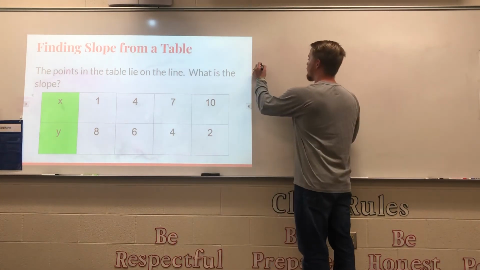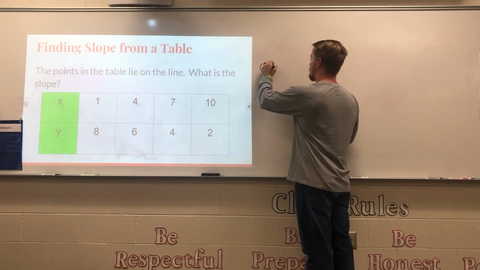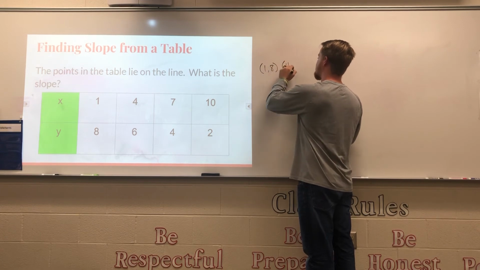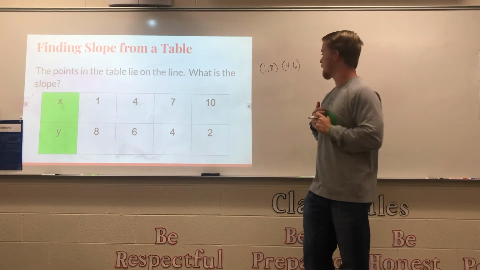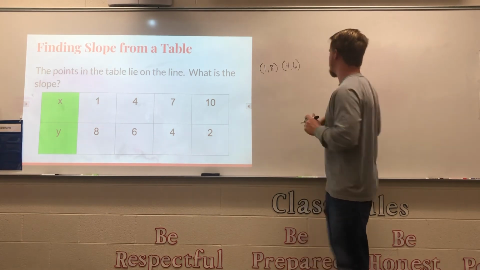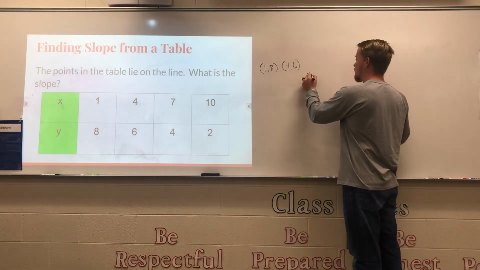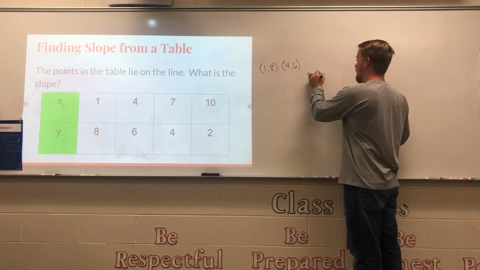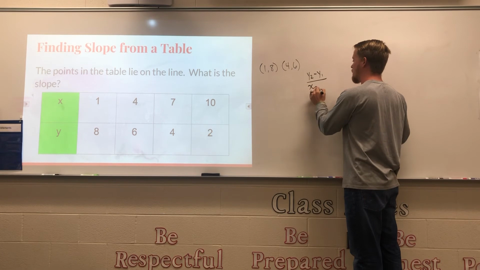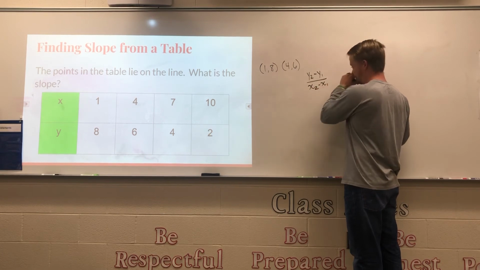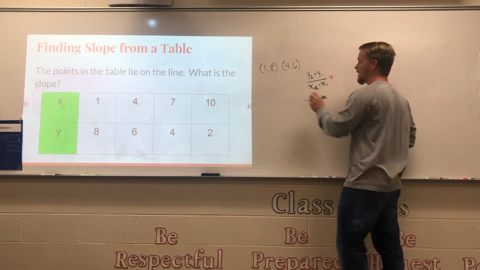So those ordered pairs are 1, 8, 4, 6. You're just pulling those straight from the table. Because then you're going to do the same thing. You're going to use your slope equation. y2 minus y1 over x2 minus x1. And I'm going to label these.